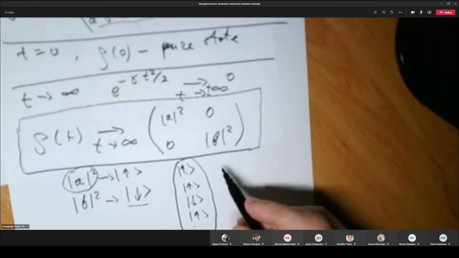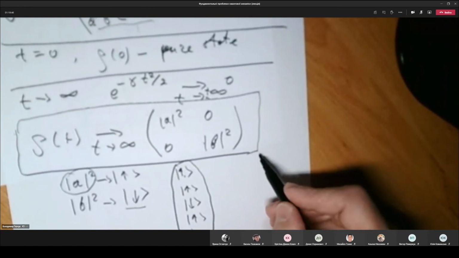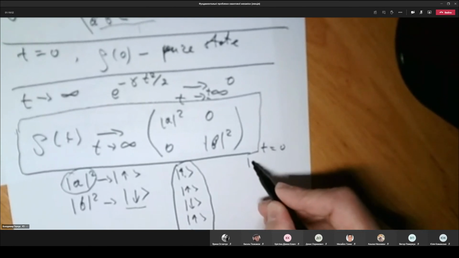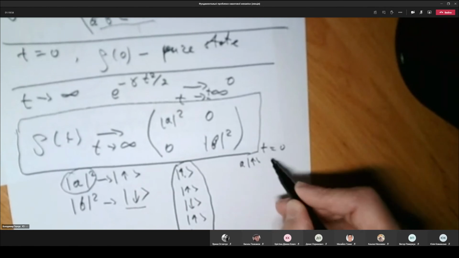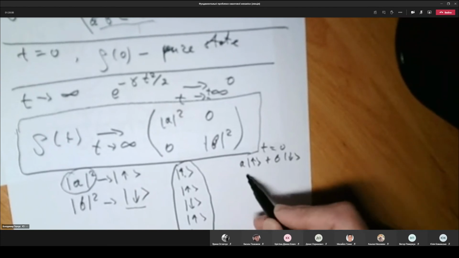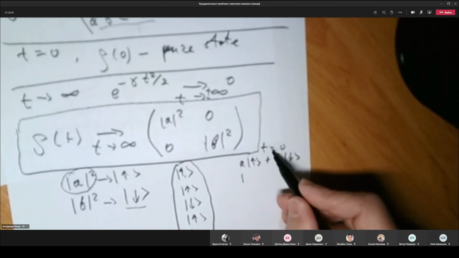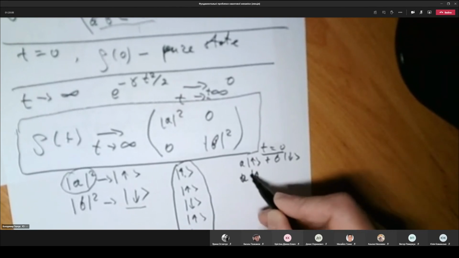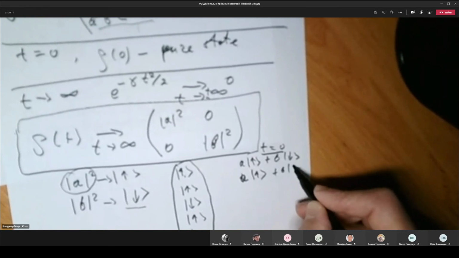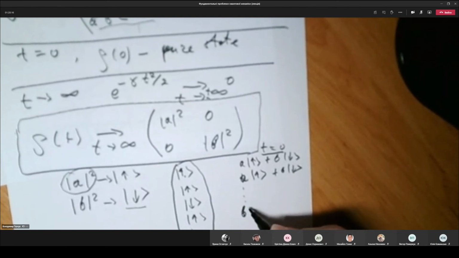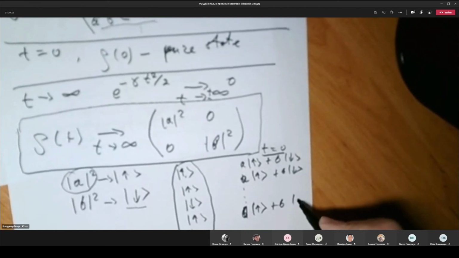Let us remember that at time t equal to 0, each spin is in the state A arrow up plus B arrow down.